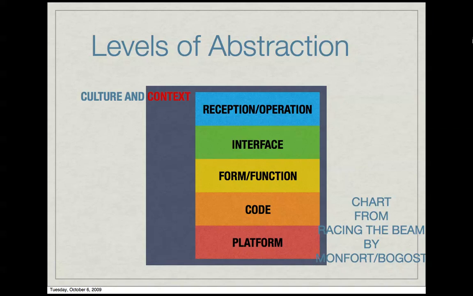Code is what is written in a programming language that directly informs the form and function of software. In turn, code is determined by the platform, which in this case is proprietary Xbox software development environment combined with its hardware. As we go up this chart, the software is more and more abstracted from its physical implementation.